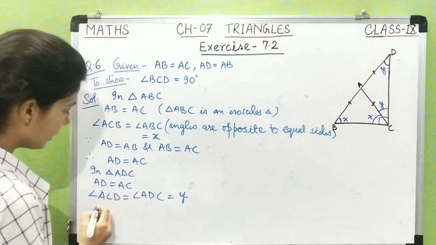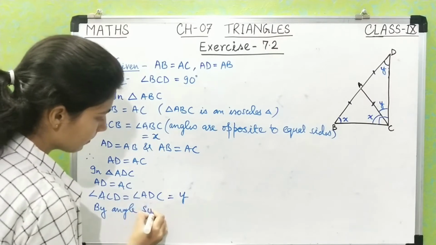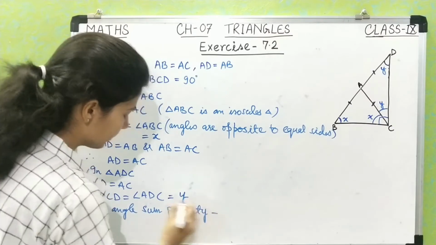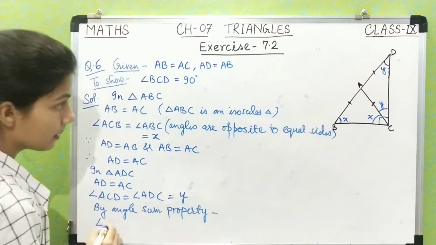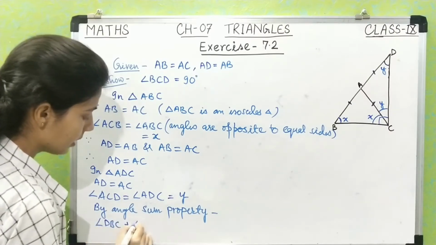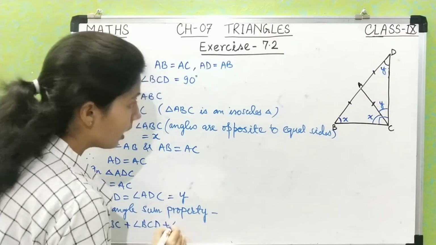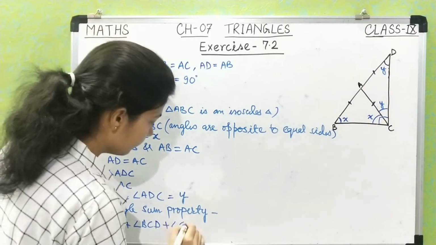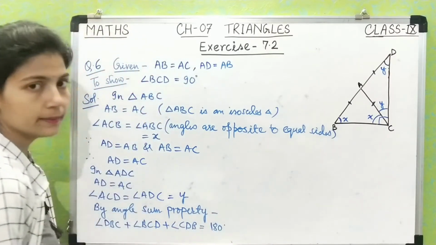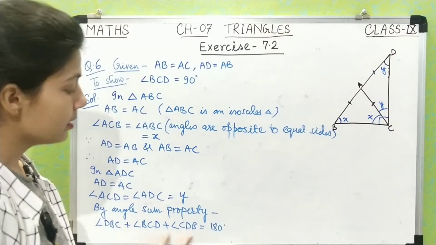So right here, by the angle sum property, angle DBC plus angle BCD plus angle CDB will equal 180. The sum of three angles of a triangle is 180.